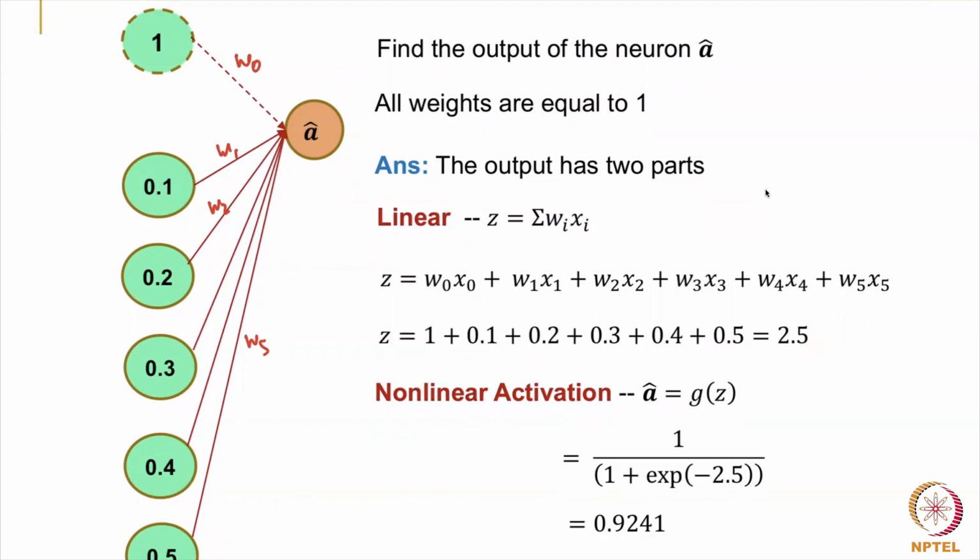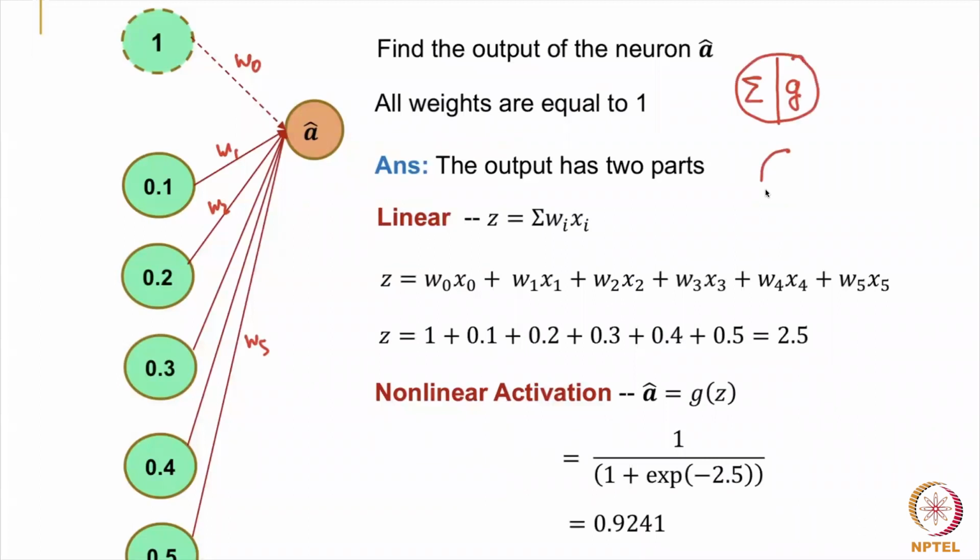The next part: this A hat actually comes in 2 portions. There is one summation, which we did here, and there is a G, which is a nonlinear function.